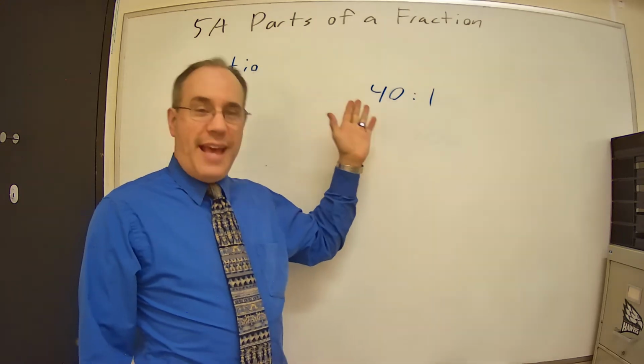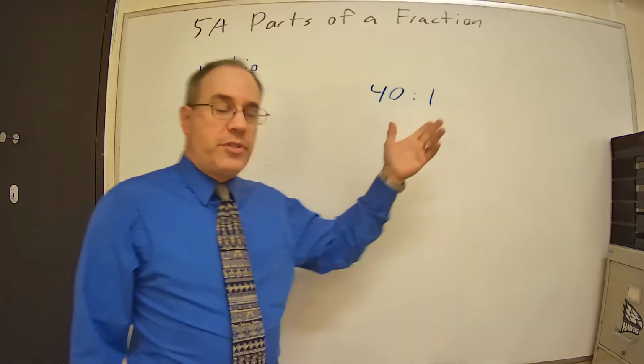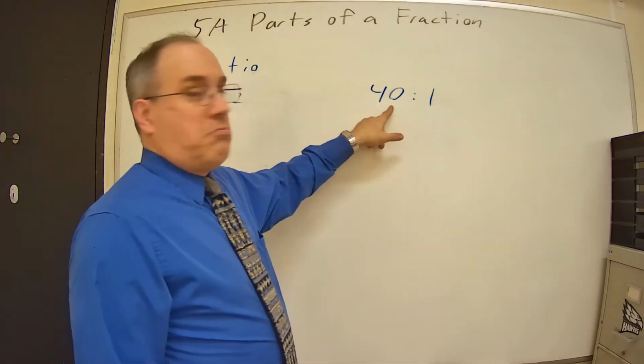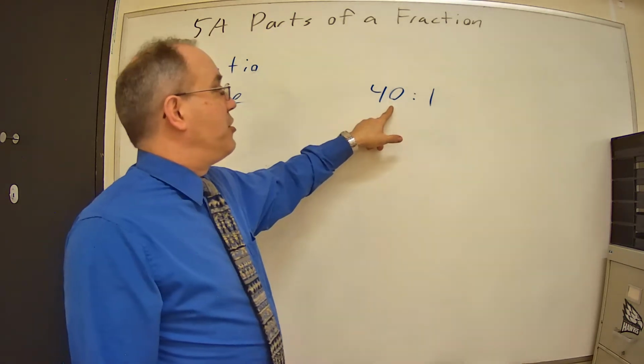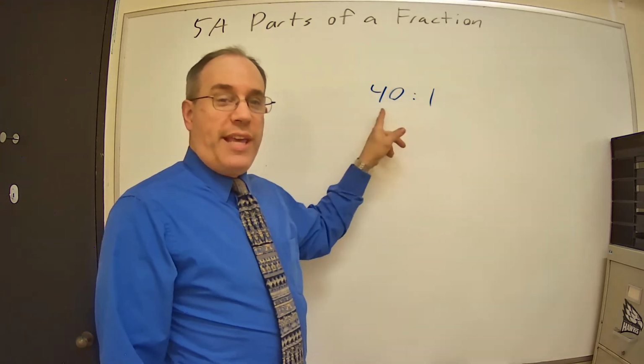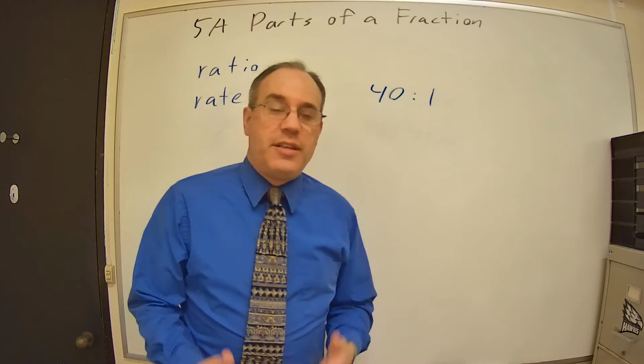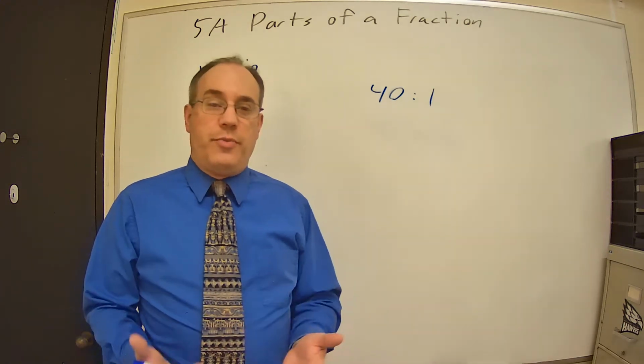We're talking about gasoline to oil, but we're still talking 40 pints of gasoline to 1 pint of oil. 40 ounces of gasoline to 1 ounce of oil, right? It's still the same unit, our measurement.